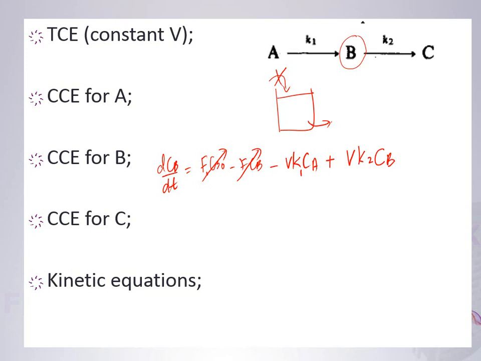Yeah, this is very simple. So for batch reaction, oh hang on, you have your V there. I forgot that. So when you have this, it means that you can cross out your V, and you have dCB/dt equals to minus K1 CA plus K2 CB.